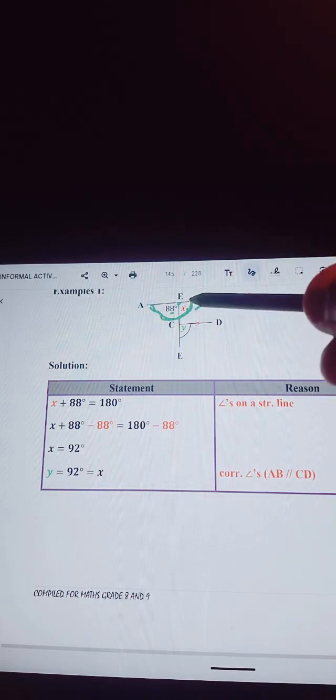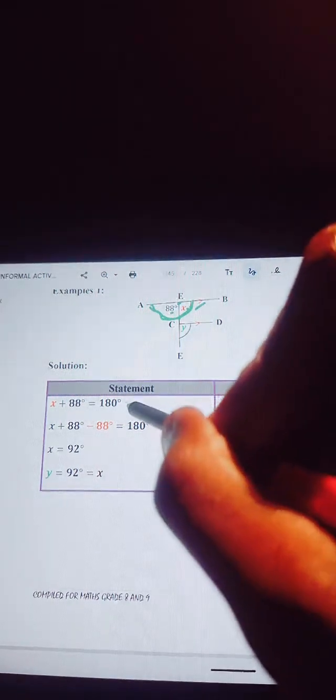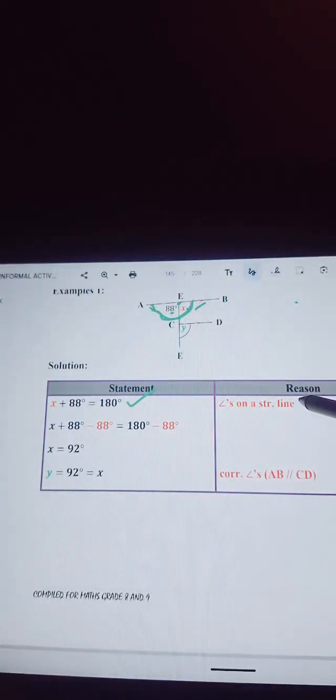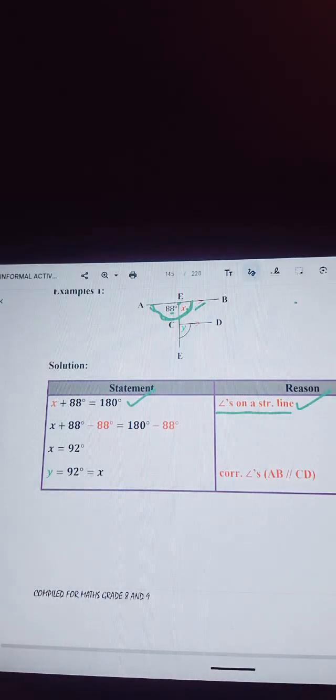So we say x plus 88 degrees is equal to 180. That is our statement. We accompany it with the reason, angles on a straight line. Please take note of the short form of the reason, angles on a straight line.